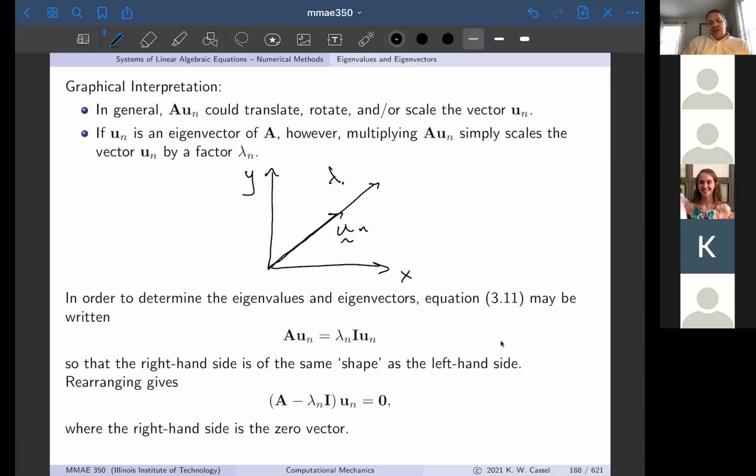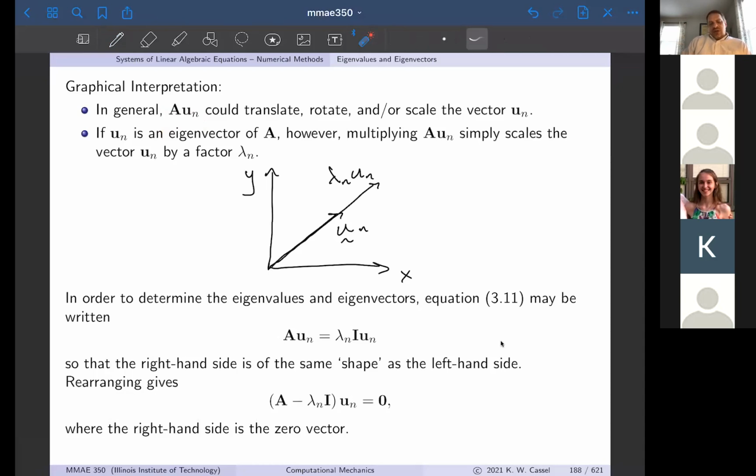So it's now lambda n times U n. And so again, that's very unusual. It's very special. For any A matrix, there will only be capital N such values of lambda and corresponding eigenvectors U.